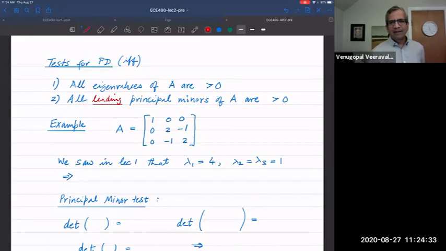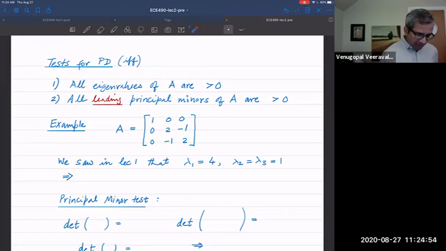You should have seen this in linear algebra. No? Well, a principal minor is a matrix obtained when I delete a row of the matrix, okay, and delete the corresponding column with the same index, right?